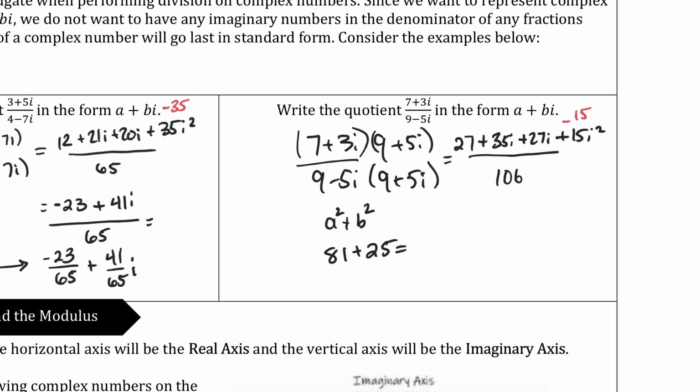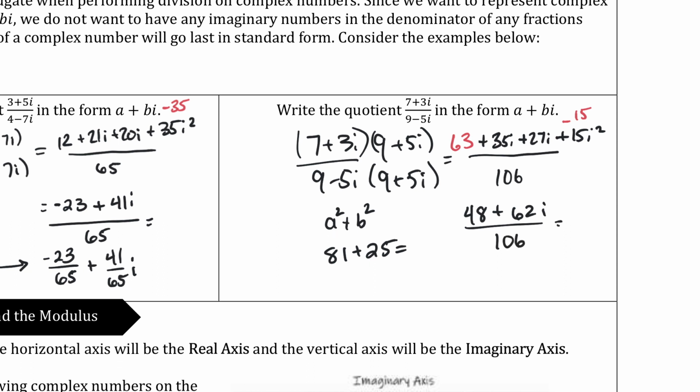Yep, I messed up. Y'all caught that, I hope. That is 63. That makes a lot more sense. So 9 times 7 is 63, and 3 times 5 is 15. So 63 minus 15 is 48 plus 62i, all over 106. We can separate that.